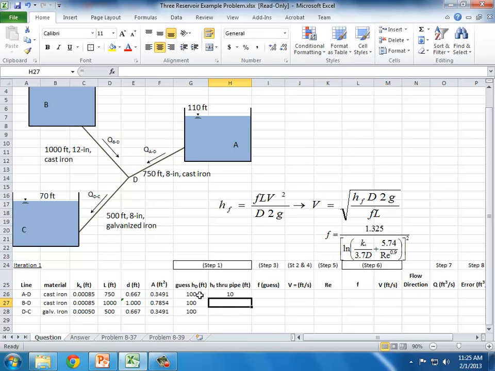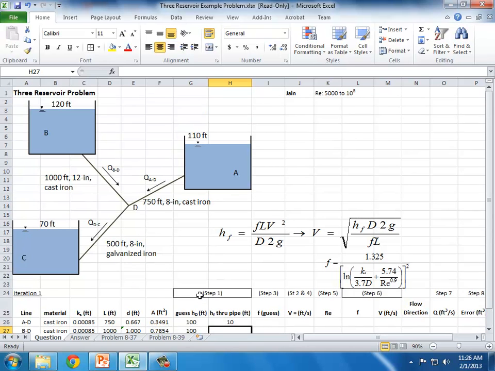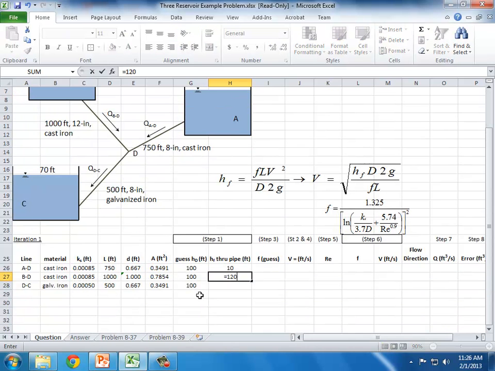That means 10 feet of head loss through there. If it's BD, that's at 120, so 120 minus the guess. And then DC, it is going to be 100, the reference to 100 minus 70.